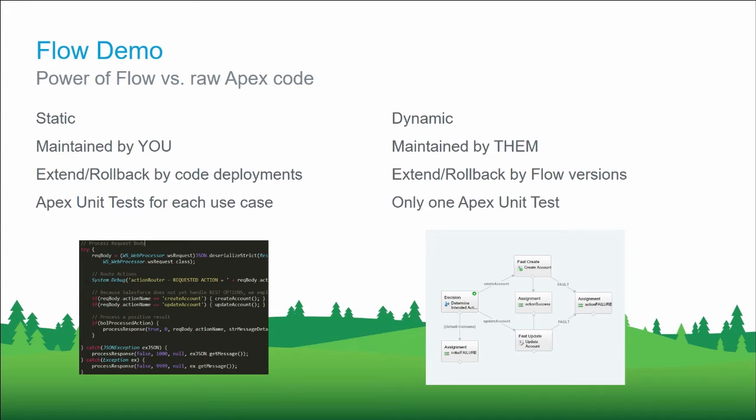Do it in a sandbox, right? Promote the stuff up. You don't care. And the beauty from a programmatic standpoint, again, we care about the ins and the outs. We only have one Apex unit test. They could add 1,000 different use cases. Doesn't matter to us. We have an in and an out. We just provide unit test coverage for that.